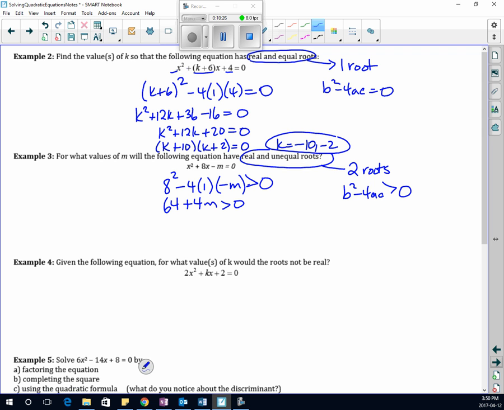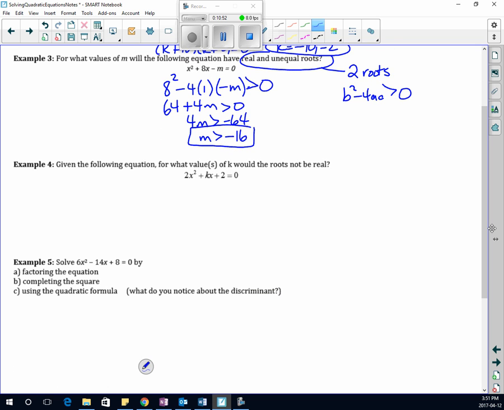So if I move the 64 over, I get 4m is greater than negative 64. And I divide by 4. I'm not dividing by a negative number, I'm dividing by a positive 4. So I don't have to switch the inequality sign. So that would be negative 16. So when m is greater than negative 16, we will have real and unequal roots, meaning 2 roots.